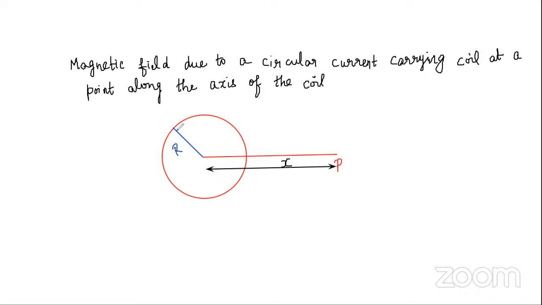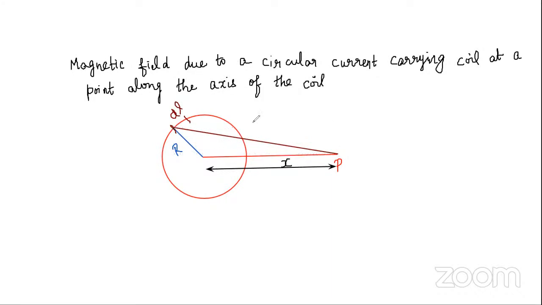And I am considering a current element here, a current element of length dl. From here, this point P is at a distance small r.